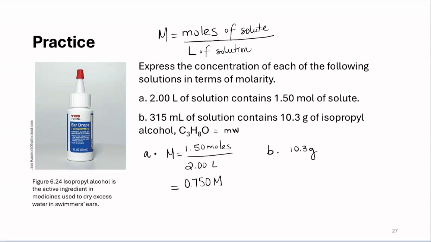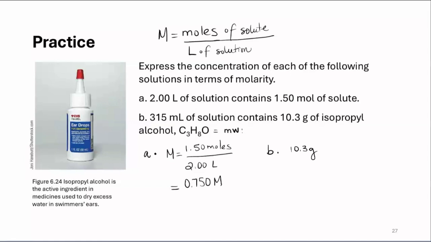The molecular weight of isopropyl alcohol, when I take the mass of carbon specifically, I'm going to do 12.011 times 3 added to 1.008 times 8.